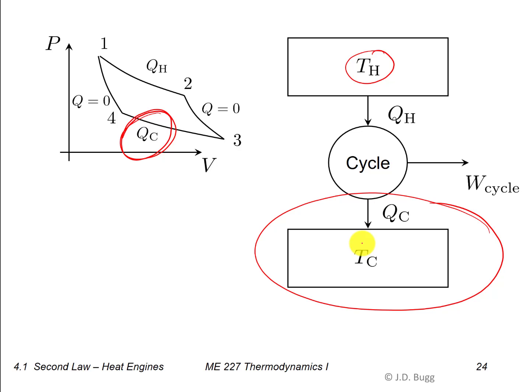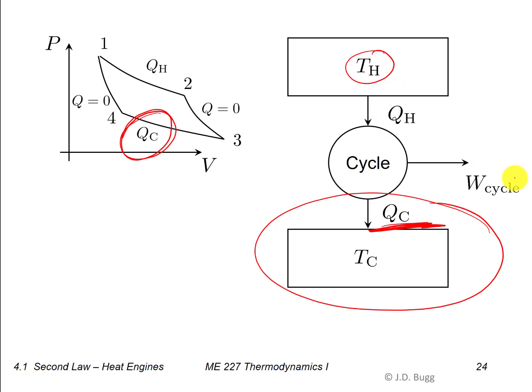The fact that heat has to be rejected to a cold reservoir is the same as saying in order to get from 2 back to 1, we have to go down to a lower temperature. And there's no way to get from 2 back to 1 without rejecting some heat out of our cycle into the surroundings. So this has to occur in order to convert heat into work.